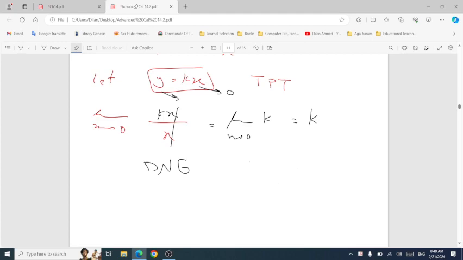When we say the limit does not exist, for example, the limit of the greatest integer function of x, you remember this function. Let's see the graph.